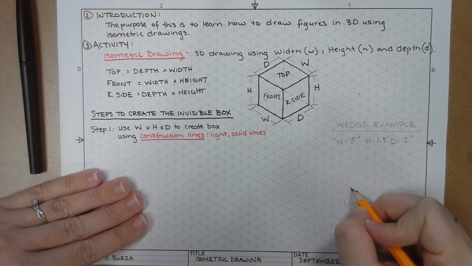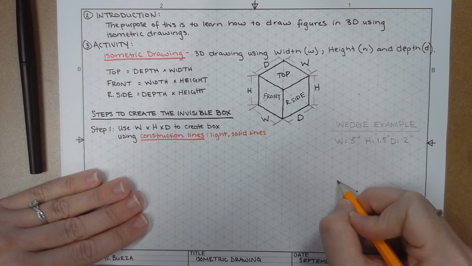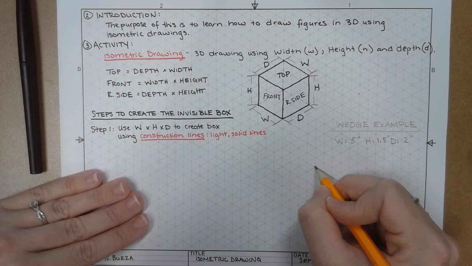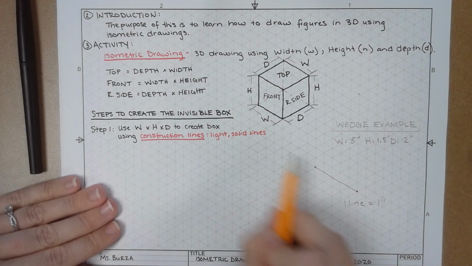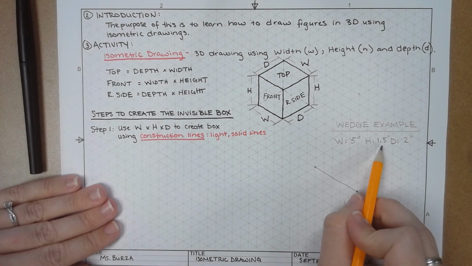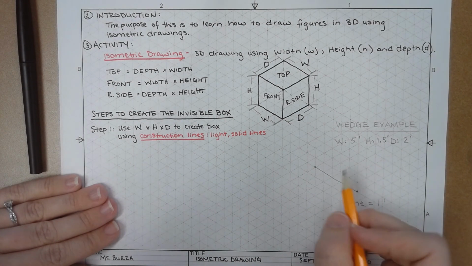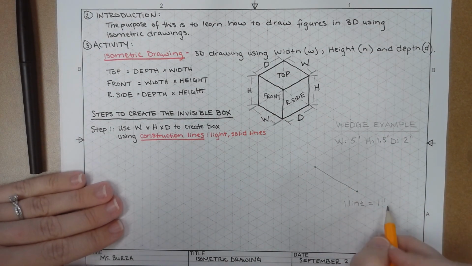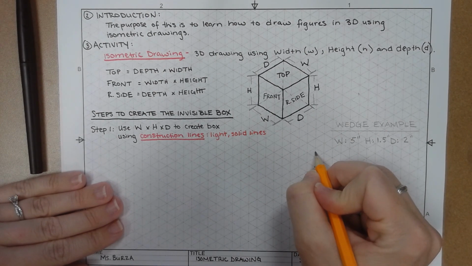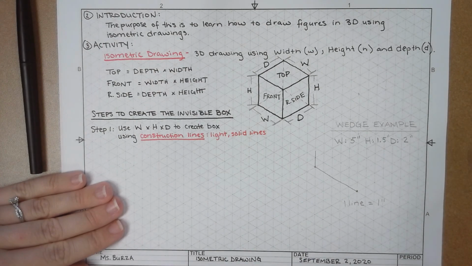Okay, so we're going to go back 1, 2, 3, 4, 5. All right. So this point here is going to be right here. Then we have a height of 1.5. So again, one line equals 1 inch. So I'm going to come up one line and then half of another line.